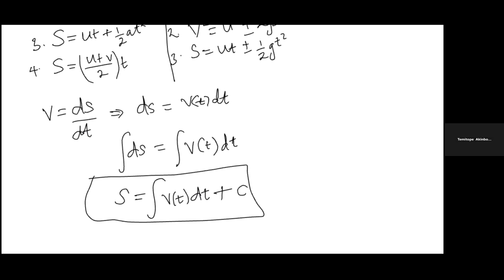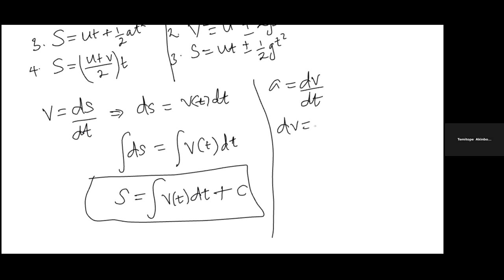Then we also say that acceleration is the rate of change of speed, velocity, with respect to time. So that means a can be dv/dt, so dv equals a dt.